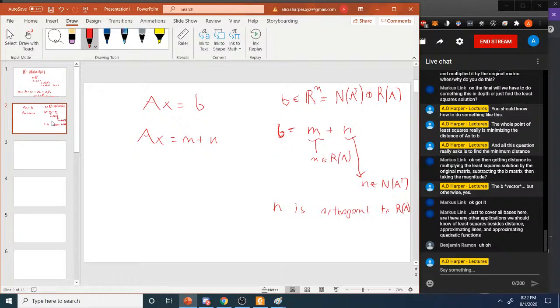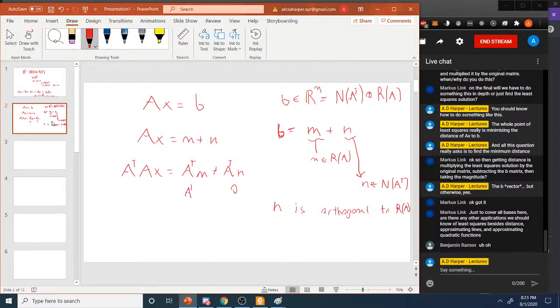And if we multiply both sides of this equation by A transpose, we get A transpose Ax is equal to A transpose m plus A transpose n. But since we know that n is an element of the null space of A transpose, we know that A transpose times n is 0.